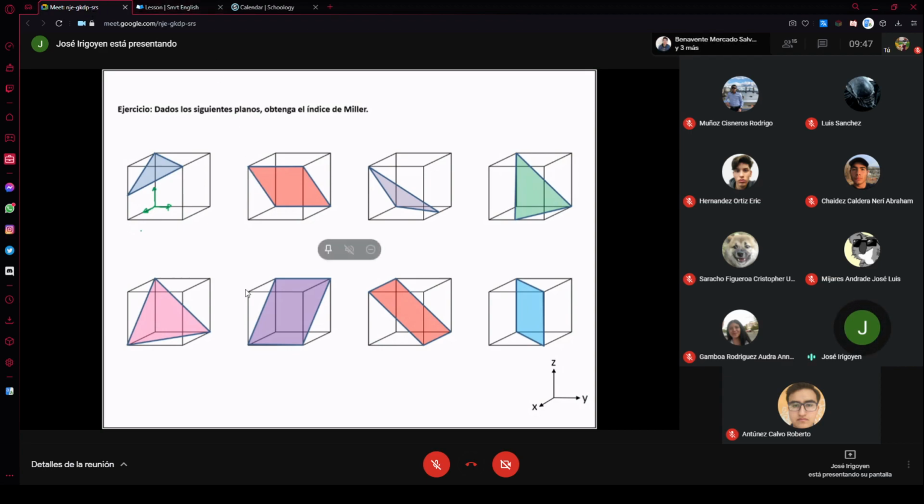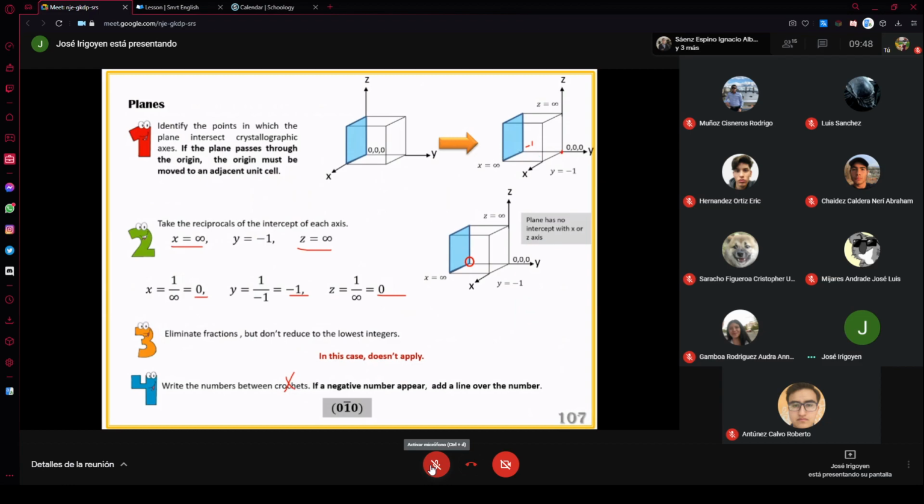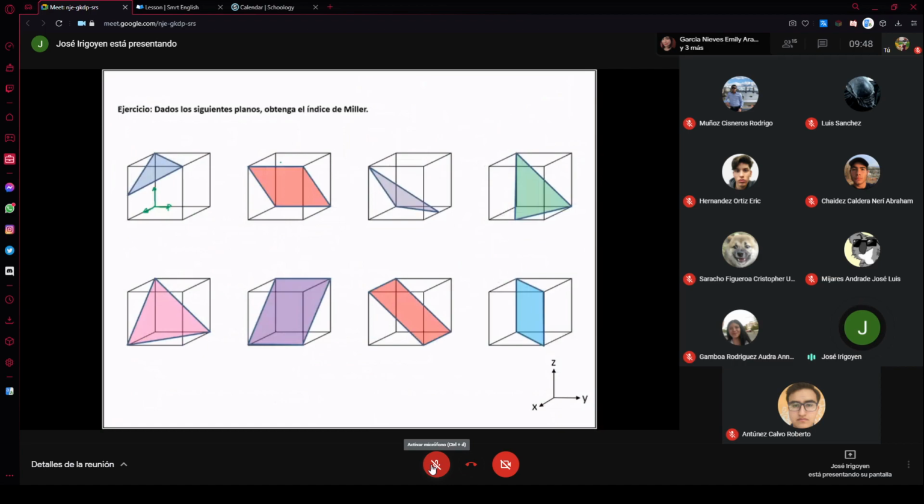What do we need to check here? Let's check again. This or this one, probably. Let's check the plane coordinates. For this point, you have 0, 0, 1, right?